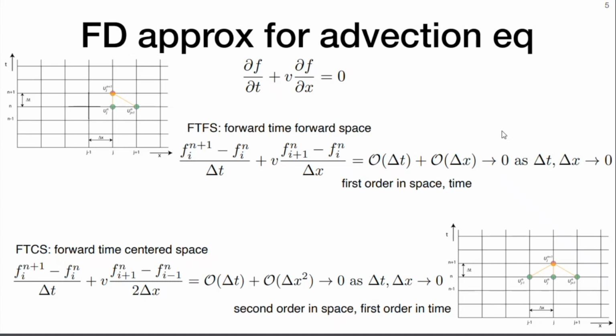So this is the forward time, forward space stencil, and this one is forward time, centered space. You can see f_i^{n+1} depends on f_i^n, which is this point, and f_{i-1}^n and f_{i+1}^n. So the solution here depends on this point, this point, this point in this single time step.